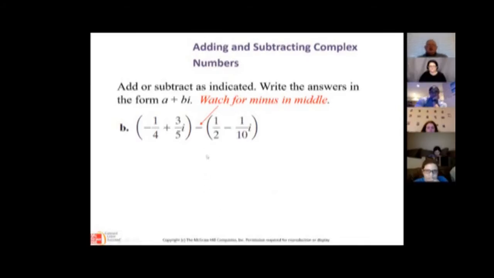When we do subtraction, just like we had to before, we have to watch out for a minus in the middle, because that minus will change the sign of both of these in the parentheses that follows.